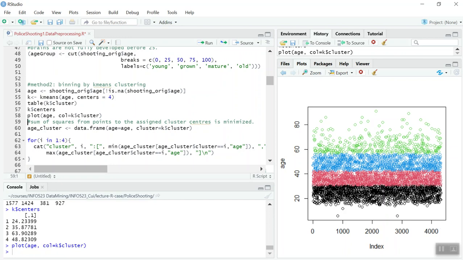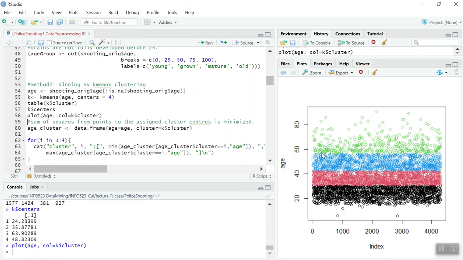After removing the missing values, we have those age and indexes. Basically, this is a scatter plot to show us how different data points are being grouped.